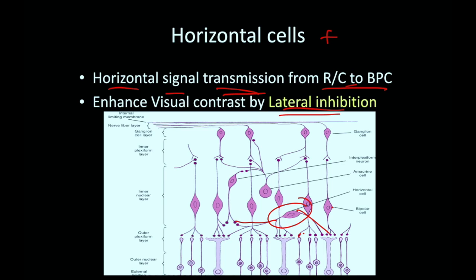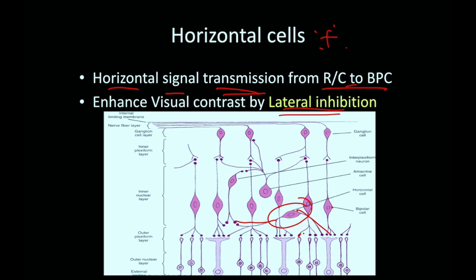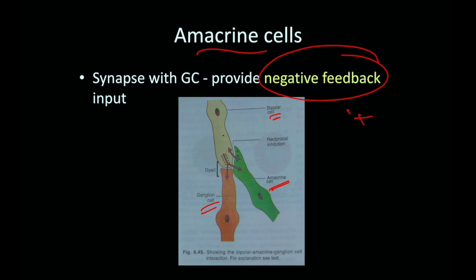This is the role of horizontal cells. Whereas the amacrine cells are going to be above. They're going to synapse with the ganglion cells as well as the bipolar cells, and they provide negative feedback. So horizontal cells, lateral inhibition; amacrine cells, negative feedback.